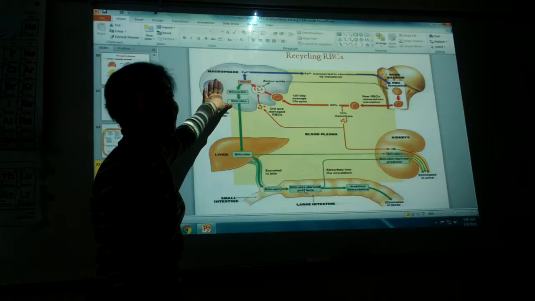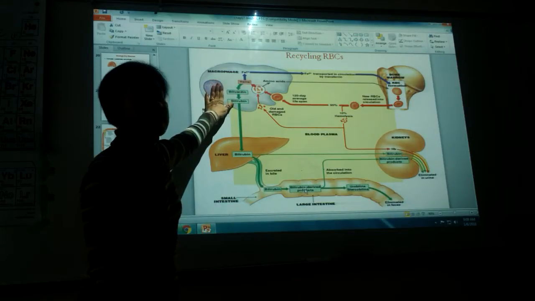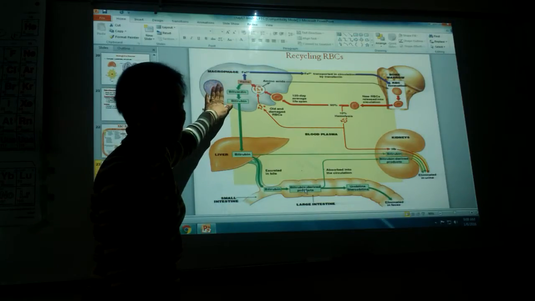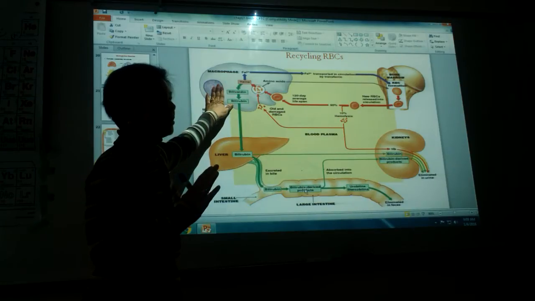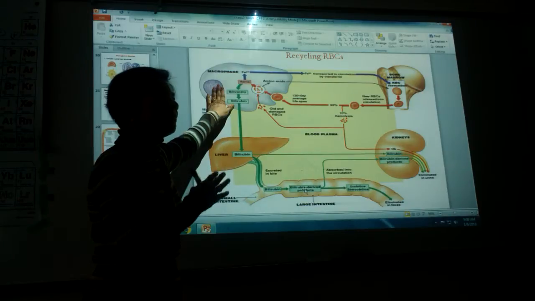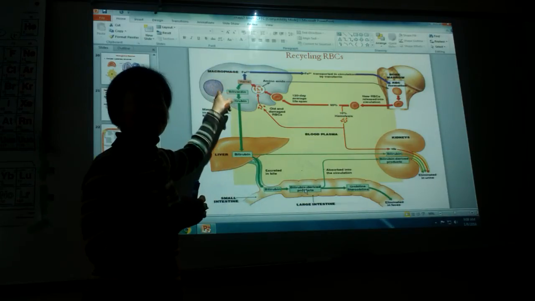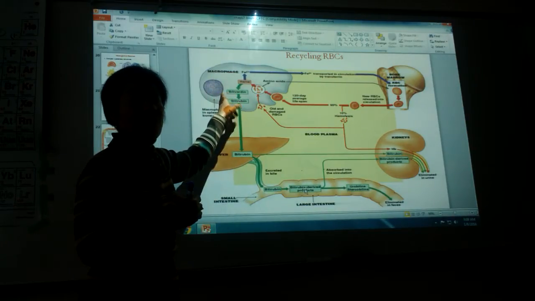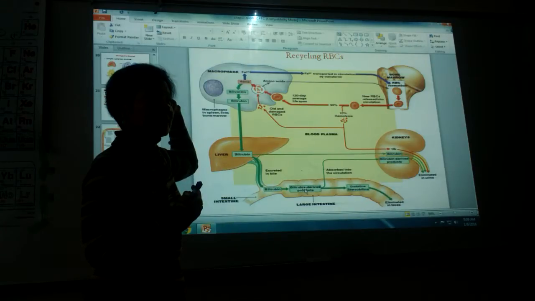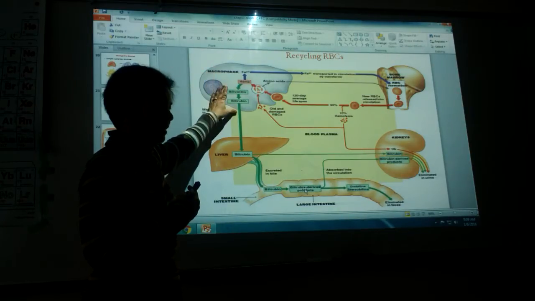People with liver failure, does it make sense? If you have liver failure, think, I have liver failure. At the same time, my red blood cells are dying. But then my liver is not able to process the pigments. So I become yellow, jaundice, because the liver is not able to process it.